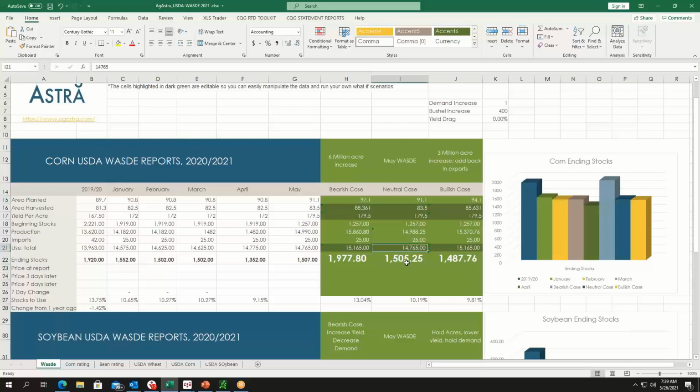And remember, to get to this number, the USDA made two crucial assumptions in its numbers. It cut demand by 375 million bushels on exports, and it left the safrinha crop where it was at 103 million metric tons.